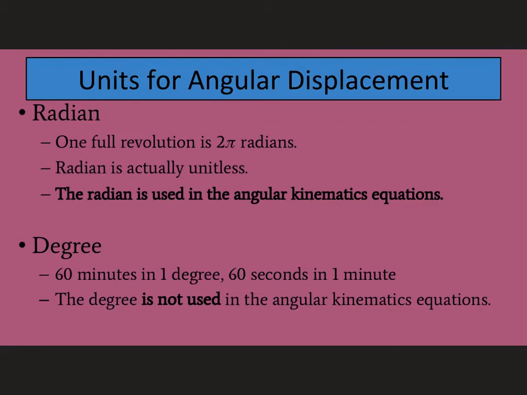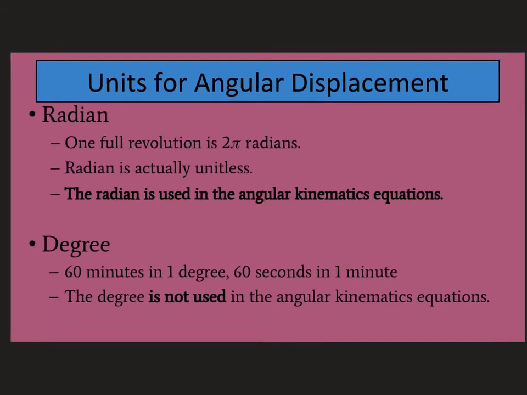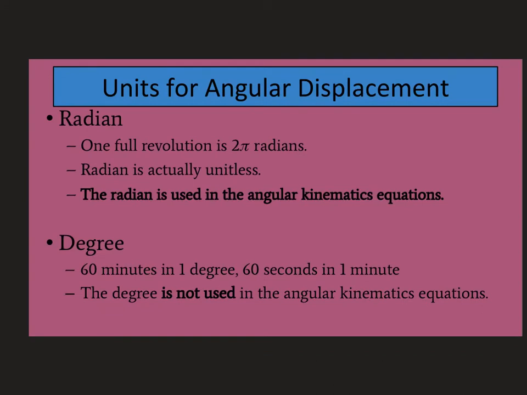So to that end, if you're unfamiliar, what is a radian? A radian is a different way of measuring angles, and it relates the radius of the circle with the arc length. One full revolution around a circle is 2 pi radians, which is equal to 360 degrees.